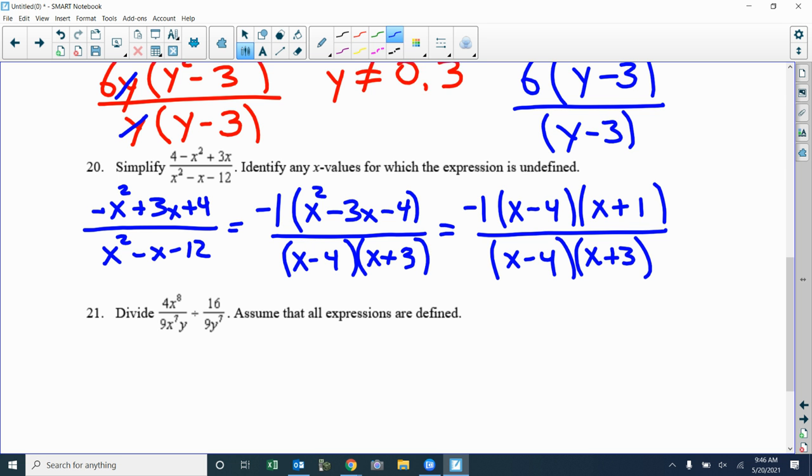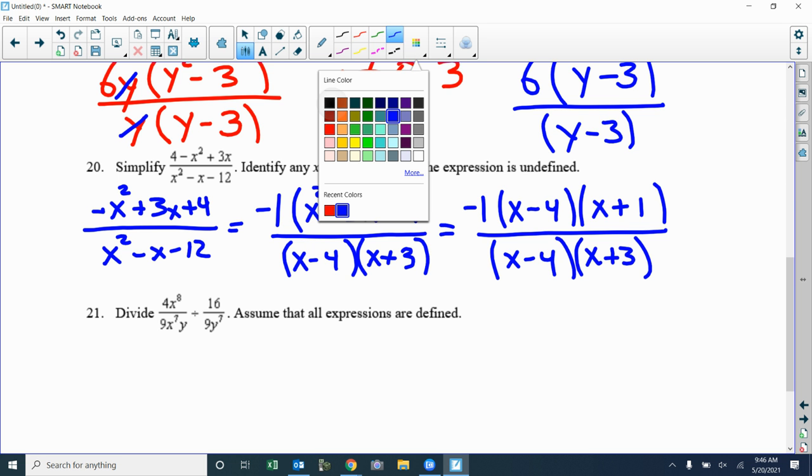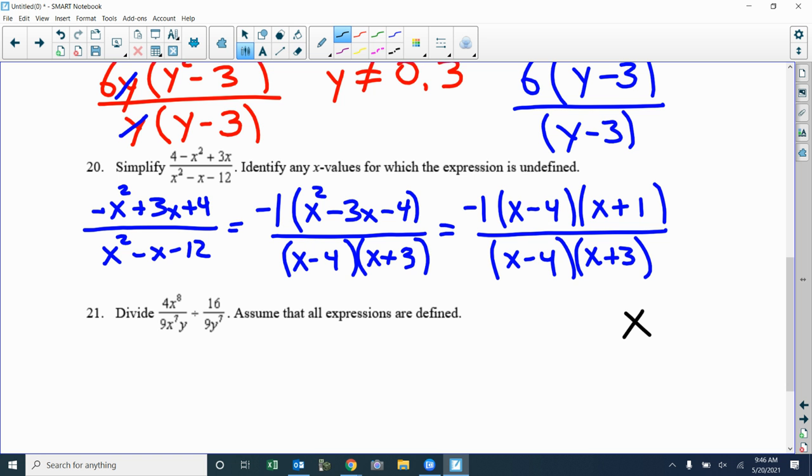Where are we undefined? Well, x cannot be what? Positive 4 and negative 3. That's where our denominator goes to 0. Is everybody clear there? And can we simplify?